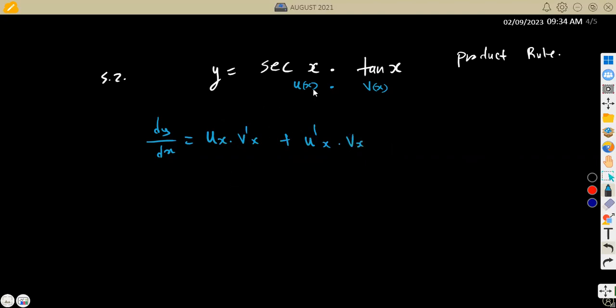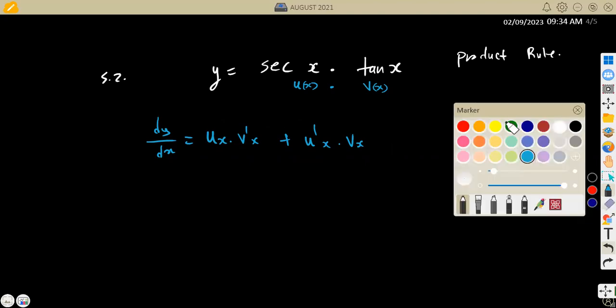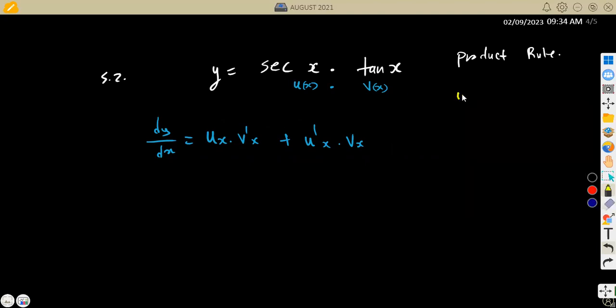So all you need is to find the derivatives, then you substitute into the formula. You can work them out from our u of x here. We know that our u of x is equivalent to sec x. So what's the derivative of u with respect to x? If you differentiate sec, you're supposed to know this from your formula sheet too, sec gives you sec x tan x.